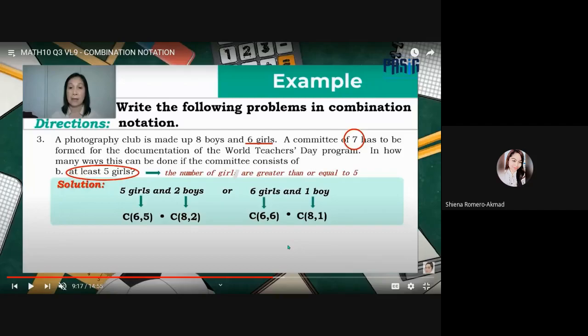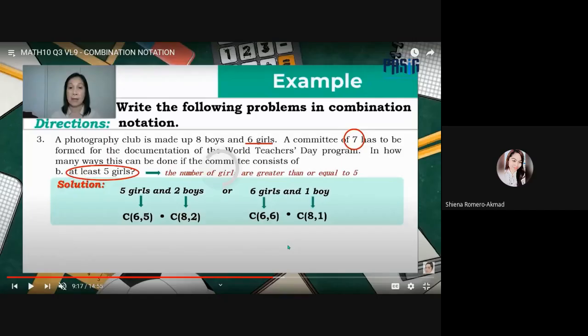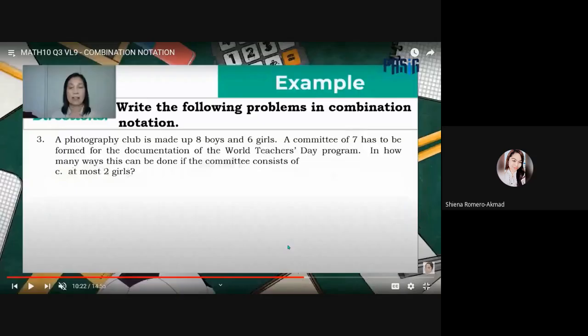Wait lang. Naglo-loading na yung aking internet. Kaya naglo-loading na to. Andiyan pa kayo? Salita nga muna kayo. Opo.